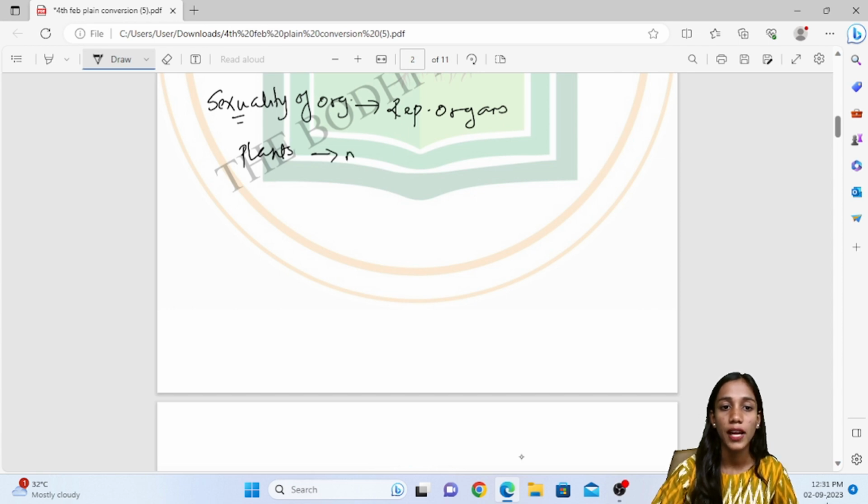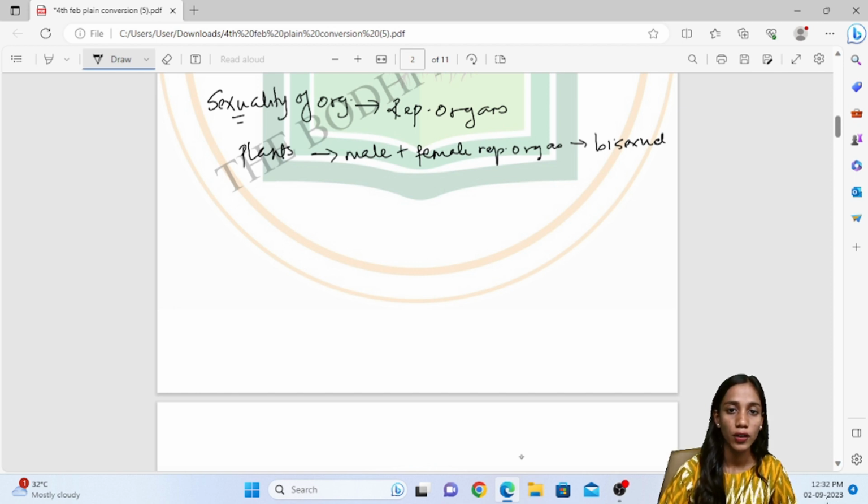Means it has the male reproductive organ also and the female reproductive organ also. Such type of organisms are called as bisexual. Bi means two, okay, bisexual.